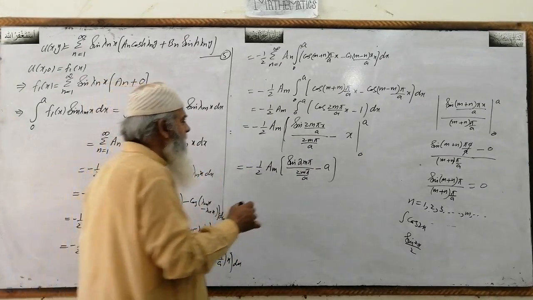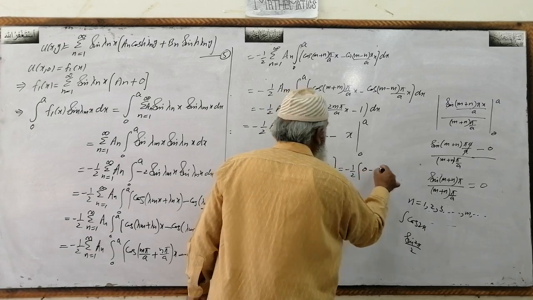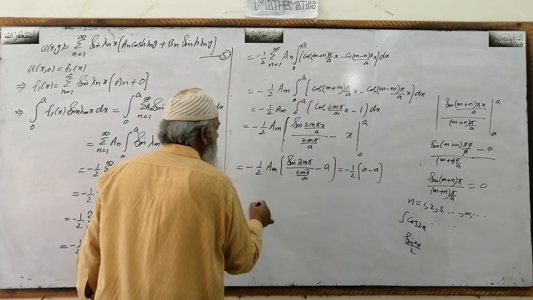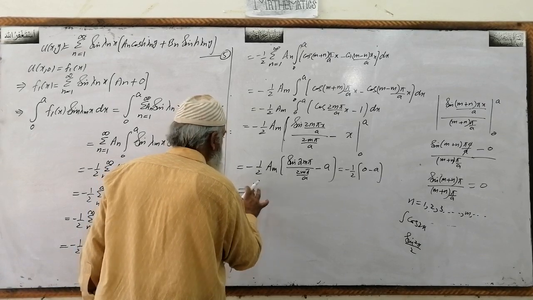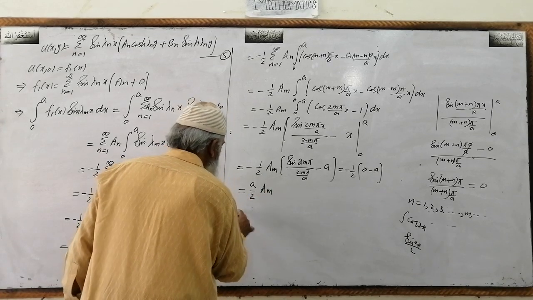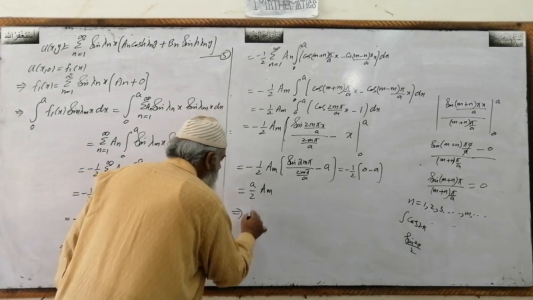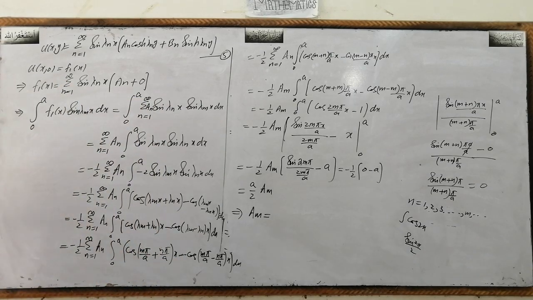Now what will happen here? Minus 1 by 2, 0 minus a, and this becomes a by 2 a m. From here the value of constant a m is, look here, integral 0 to a f1(x) sin lambda m x.